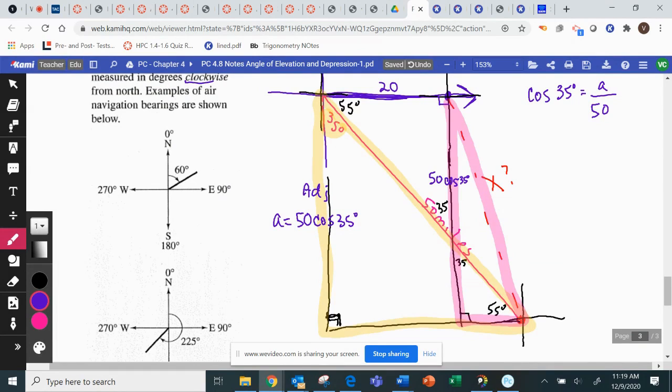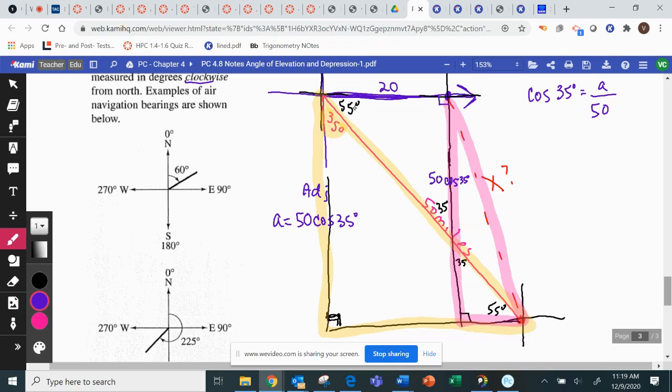Other ideas? Lydia, I feel like you had an idea. What are you talking about? Oh, can we find the bottom side of the yellow highlighted triangle? Sure.